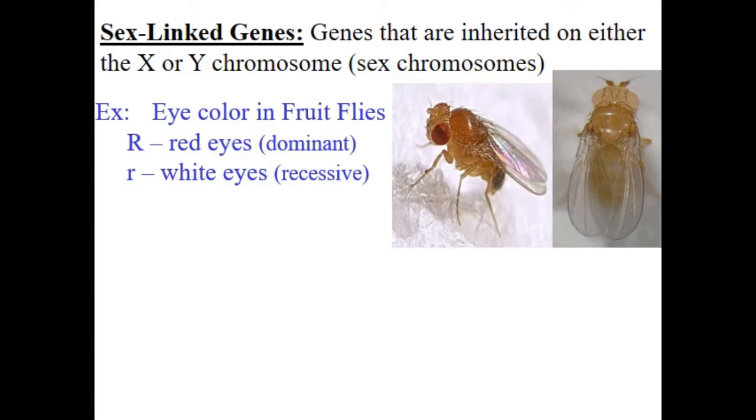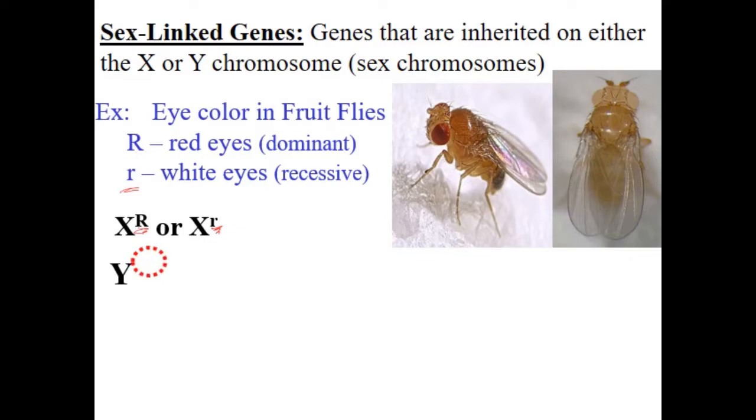Eye color in fruit flies. You can see here in the picture there's actually 2 sets of eye color. There's either red eyes, which is dominant, capital R, or there's white eyes, which is recessive, lowercase r. And this is how it becomes sex-linked, because in the X chromosome for fruit flies, you can have either the dominant allele or the recessive allele.